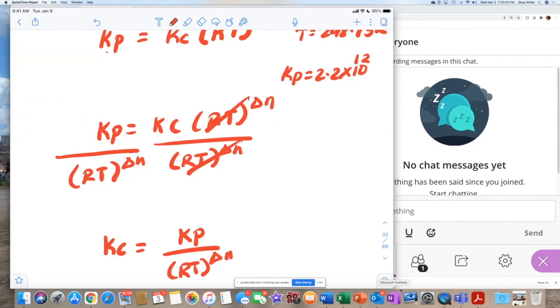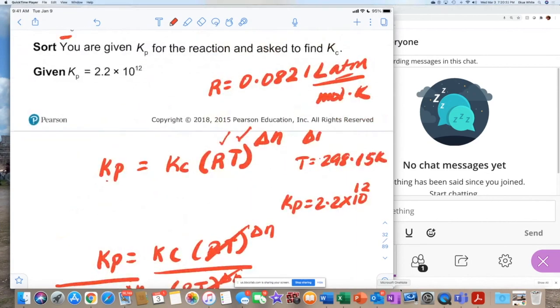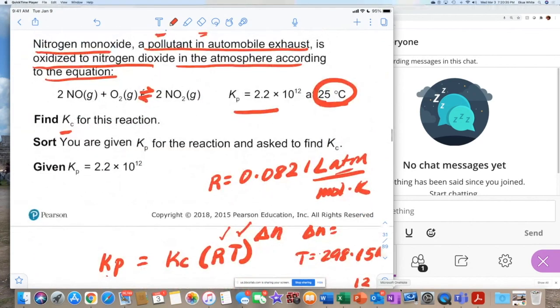Oh, I forgot to check one thing. Delta N. What is my delta N value? For that, I have to look at my balanced equation. This is product minus reactant, right? Product, I have 2 moles. This is a gas. Reactant, I have 2 moles here, 1 mole here. Total 3 moles. The N is the product.